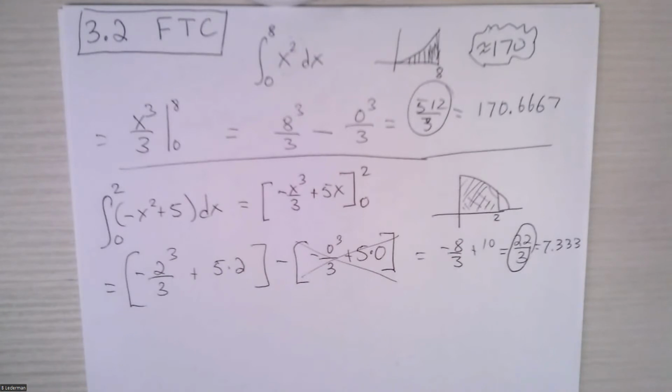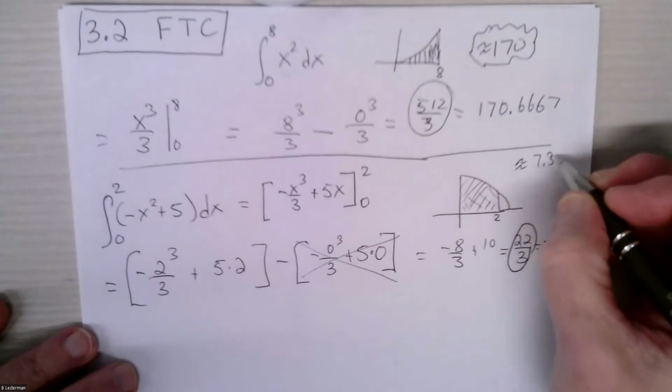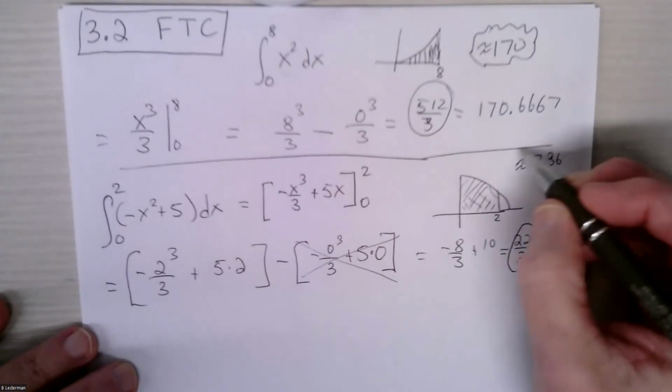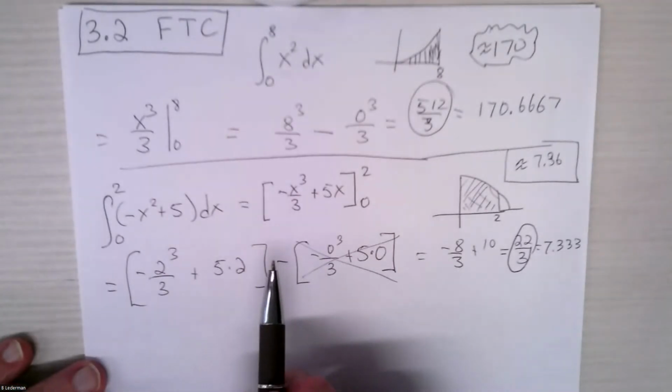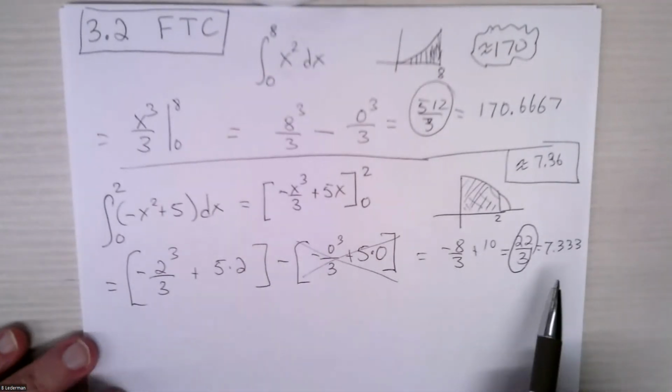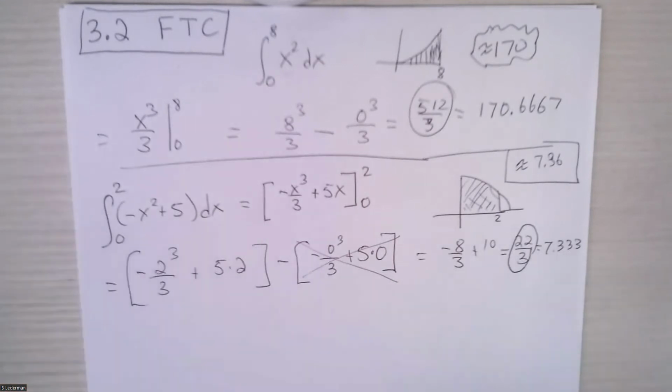We just drew 5 rectangles, and we got an approximate answer of 7.36. That was with a lot more work. And here, this is relatively much less work, and we got a much more accurate answer. This is really the precise answer, and pow, we did it.